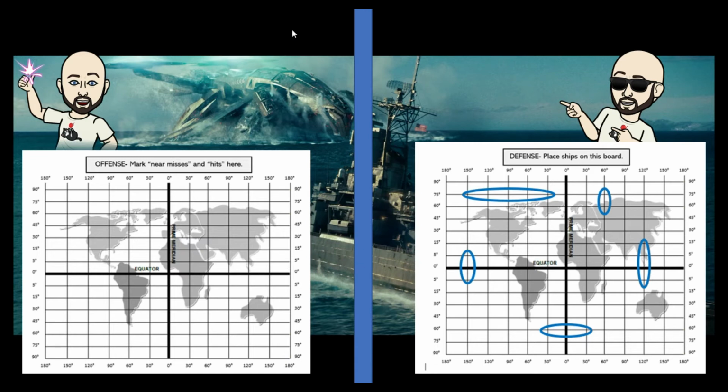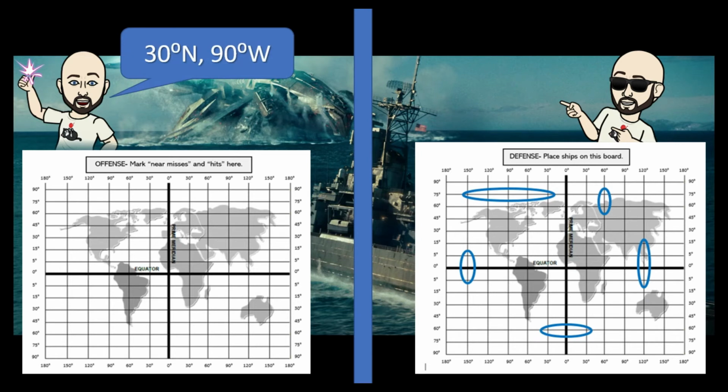So the way the game will start is one person will name a coordinate. We're trying to find the other person's ships. So this person might say out loud to the other, 30 degrees north, 90 degrees west. Now this person needs to look at that point.